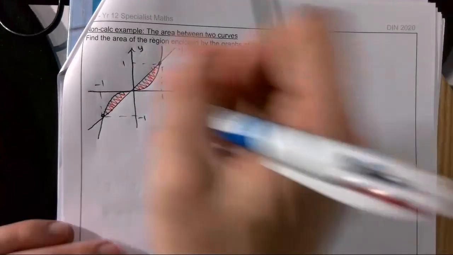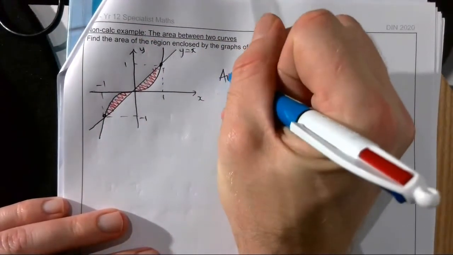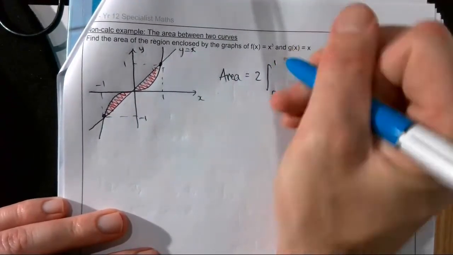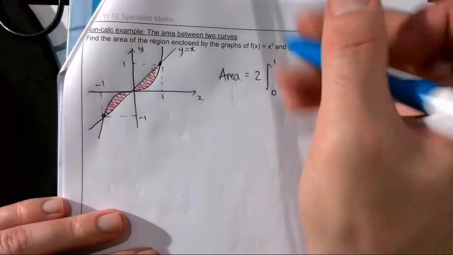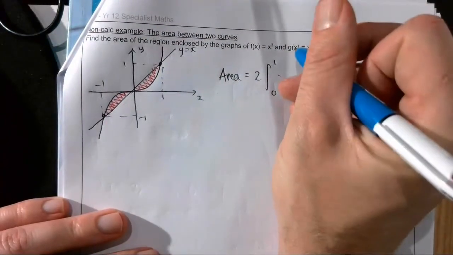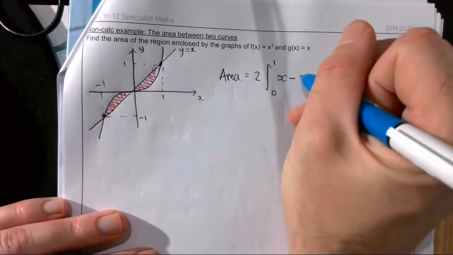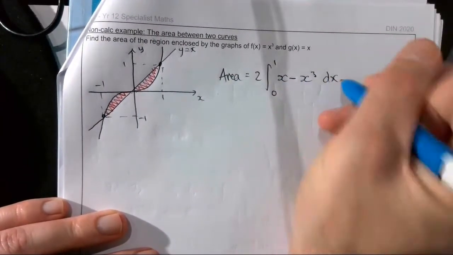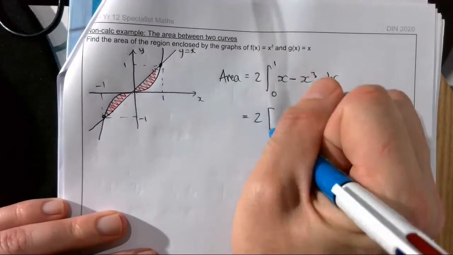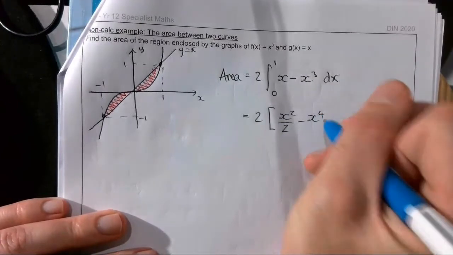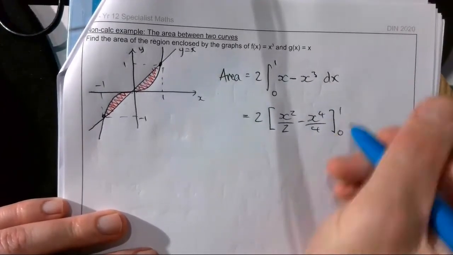So I guess the first thing that we could do is say, oh, it's definitely symmetrical. So I'm going to say that the area is double the area between 0 and 1 of g minus f, so x minus x cubed dx. So that's twice the integral of x squared over 2 minus x to the power 4 over 4 between 0 and 1.